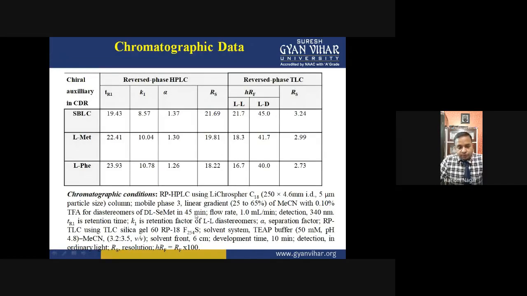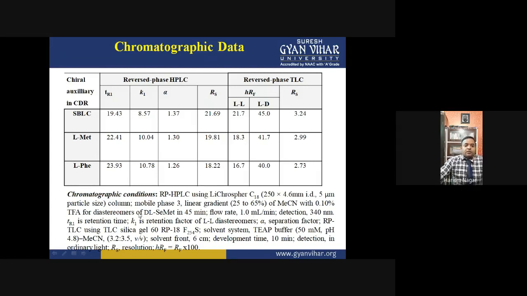After the synthesis of these compounds, the chromatographic conditions were as follows. This was done in the linear gradient mode, where 25 to 65% of acetonitrile was varied during the run, and TFA, trifluoroacetic acid, was taken as a buffer to maintain the pH acidic.